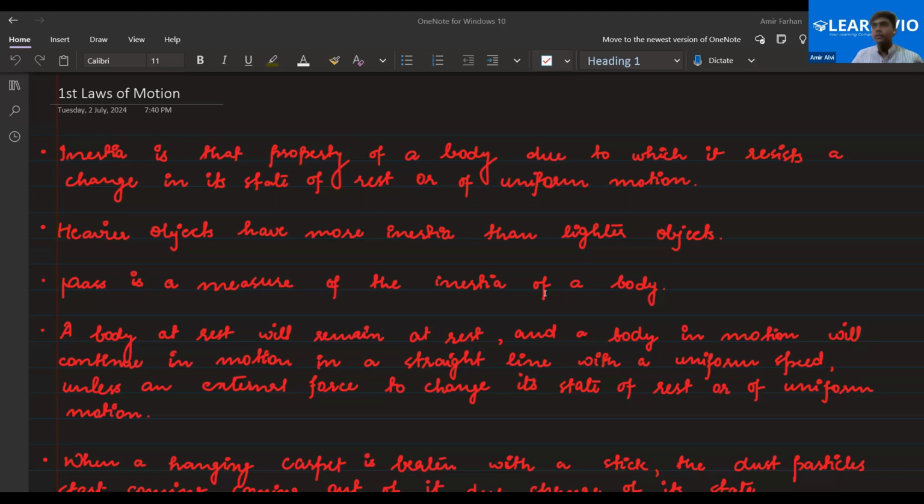If we exert the required amount of force, the car can be displaced. From this example you can see that a car is not that heavy as compared to a bus. So the inertia, the resistance offered by the bus, would be more against the force, because of the higher mass. Clear, everyone?